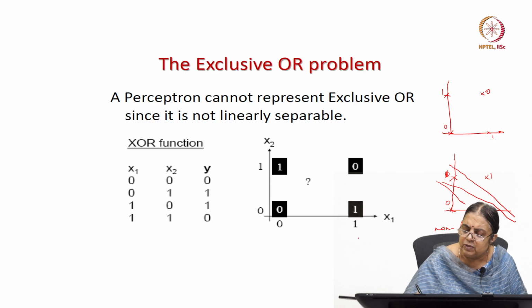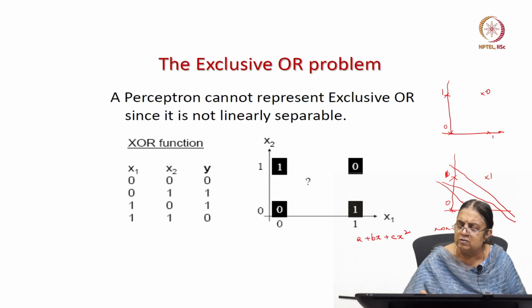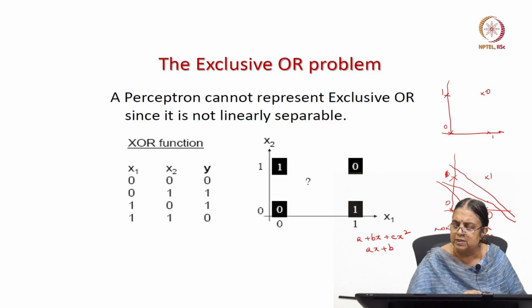Maybe you'll have something like a plus bx plus cx squared, or something like that, instead of something like ax plus b, like we have in this case. So let's see how we solve this problem. We'll do that by going into the multi-layer perceptron in the next session.